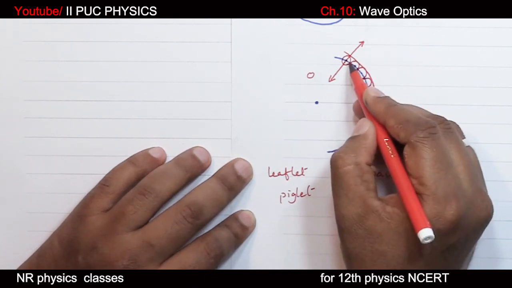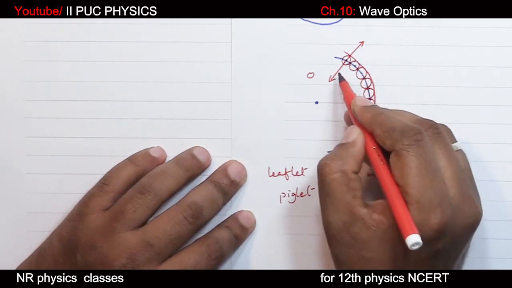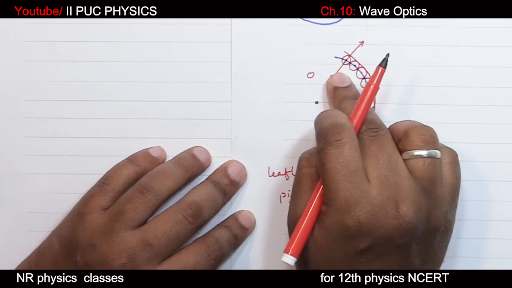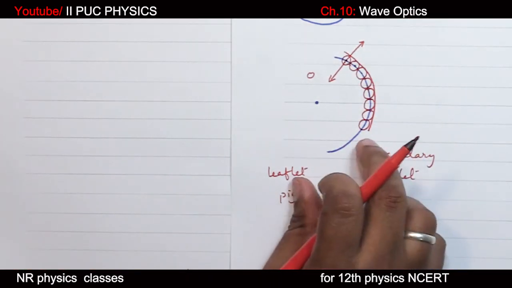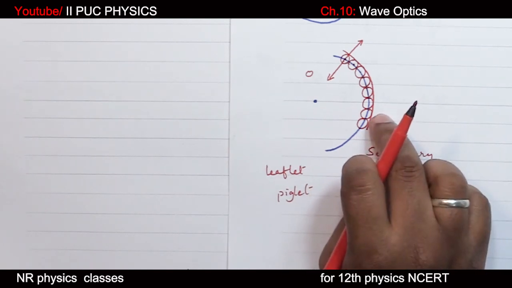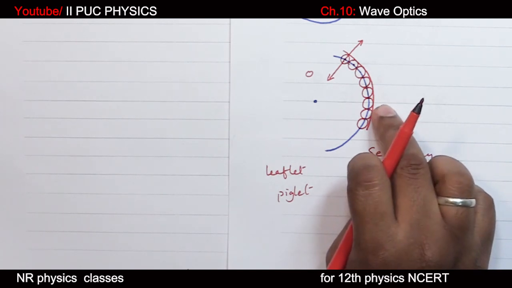So this is something unusual which he couldn't explain. He simply said, consider this and you will be able to locate the next wavefront. So this is an ad hoc assumption of Huygens. Ad hoc assumption means there is no proper logic in this. There is no formal proof for this.